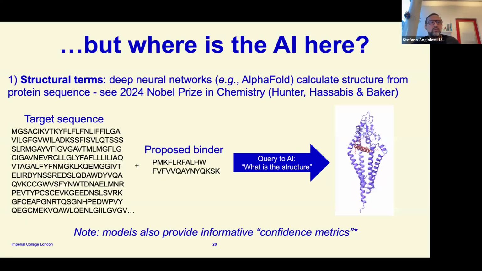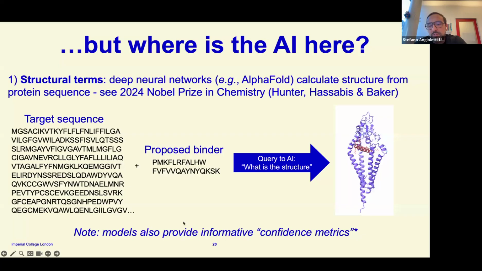I have the sequence of the target protein and the sequence of the proposed binder, and I can query a model like AlphaFold and ask, please, can you give me the structure of these two proteins when they are in contact with each other? You get out this structure, and then based on it, you can use other models to evaluate the interaction energy between the two proteins.